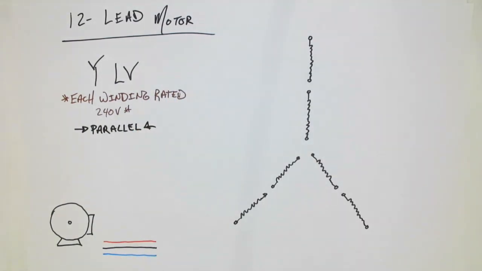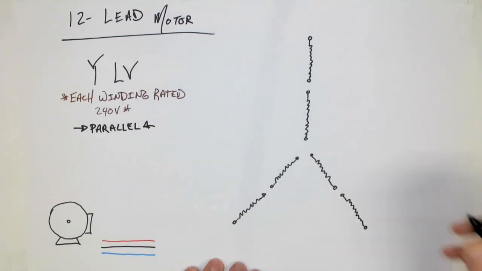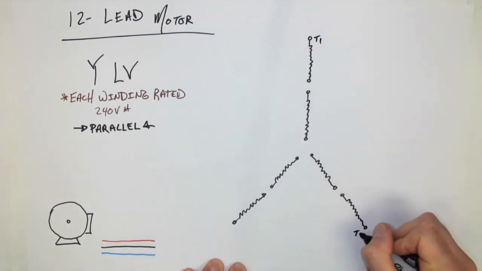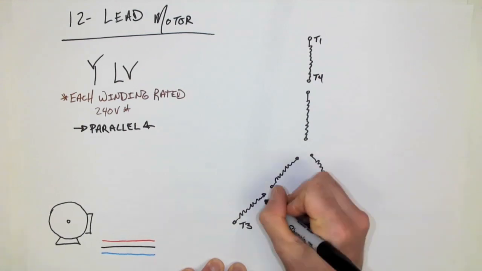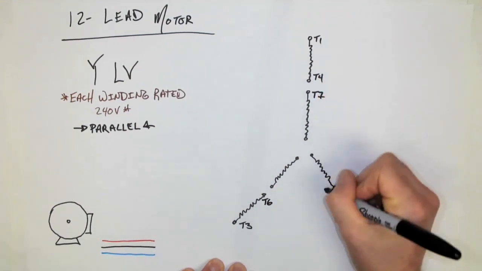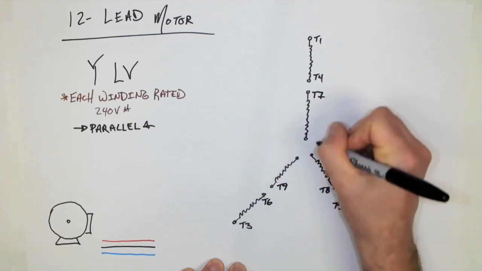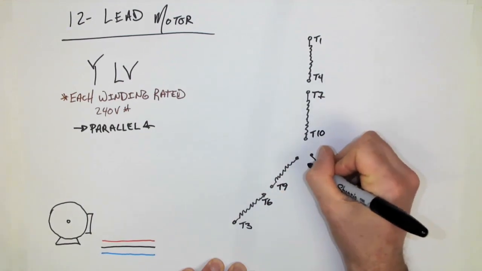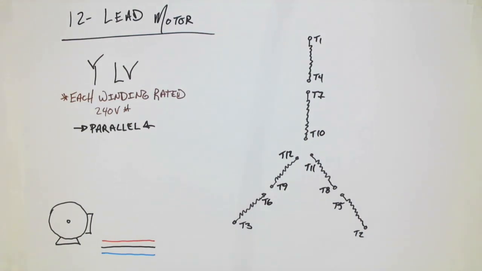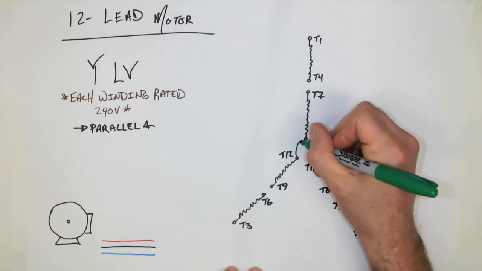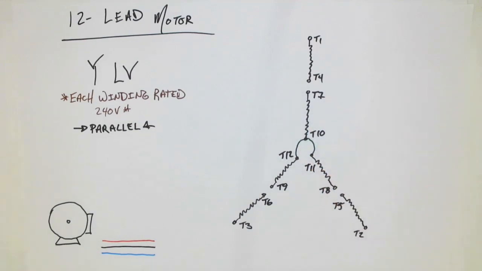All right, so first step, we're going to label all of the leads. T1, T2, T3, T4, T5, T6, T7, T8, T9, T10, T11, T12. All right. Now, if we want to place this in parallel, a lot of similarities between this and the 9-lead Y. We are going to have a Y connection in the middle, or star connection.